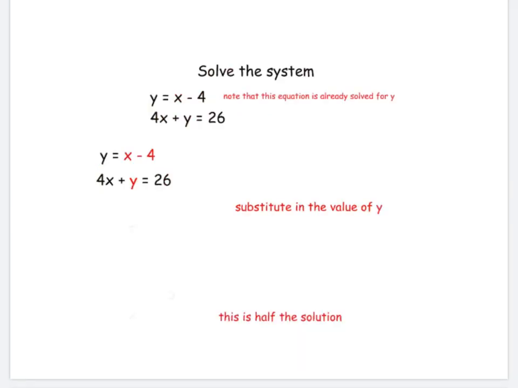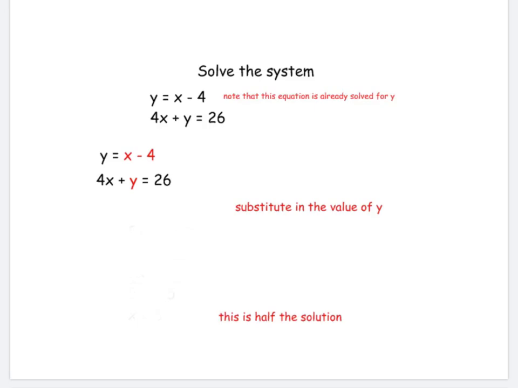Let's take for our example that we have the 2 equations in our system, y equals x minus 4 and 4x plus y equals 26. It's appropriate to note here that if you look at step 1 of our substitution method, it says you need to either have or make one of the equations be solved for either x or y.